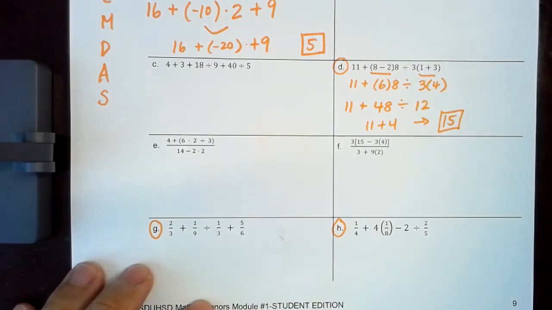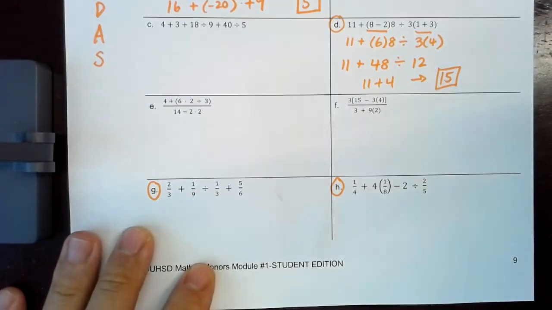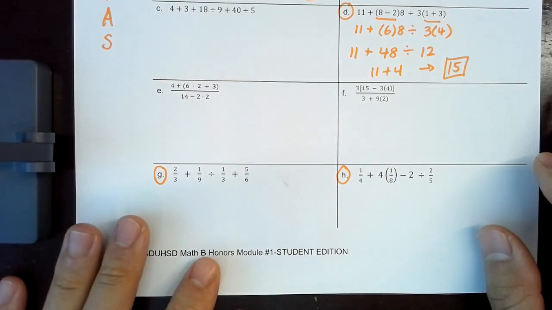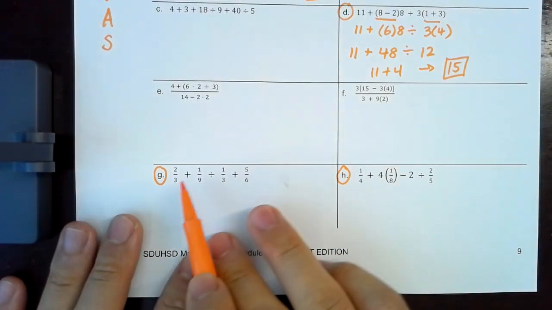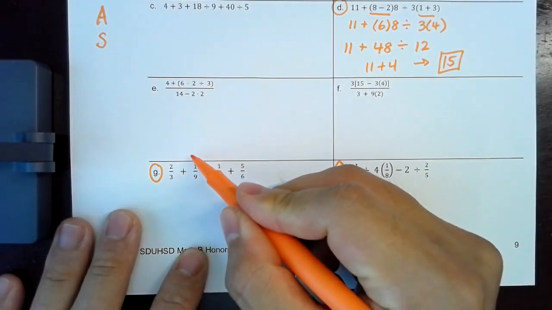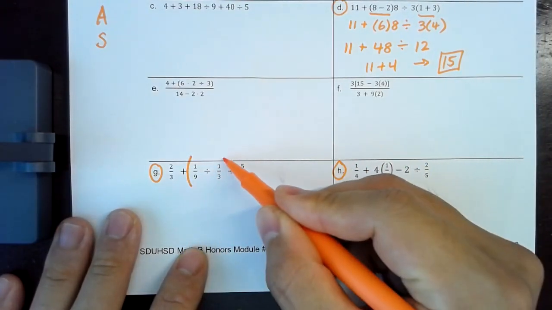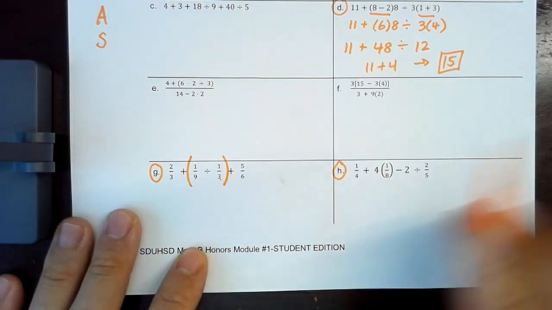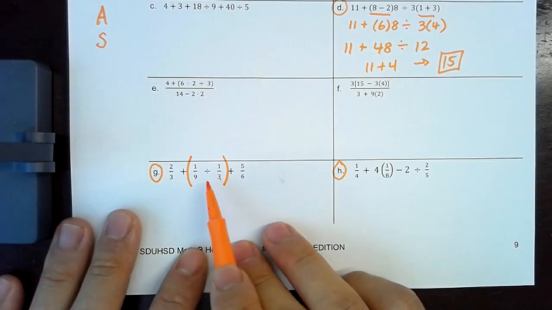Obviously these are all good practice problems, but what I did want to talk about was something like letter G. We have to remember a few things here. We want to add fractions that don't have the same denominator. And first of all, I could put parentheses around these two terms because that's essentially the first step, right?